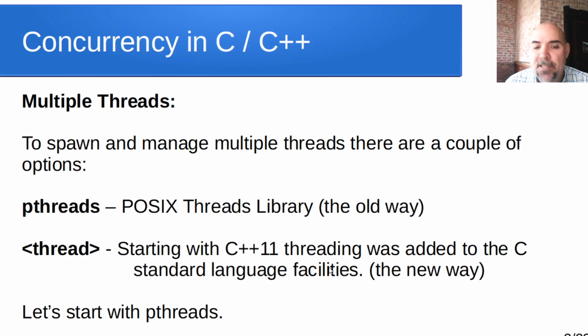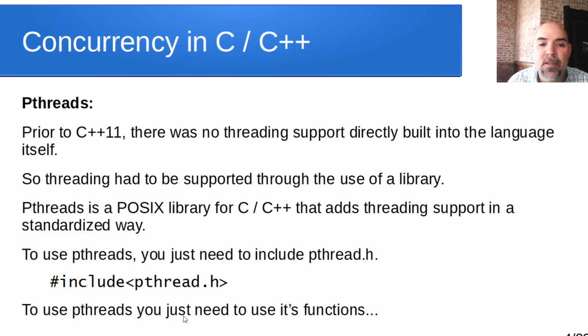Threading was added to the standard language facilities. In other words, they decided that threading is really an important part of programming. So rather than relying on a library to do all of that, let's build it into the language itself. But if you're using a compiler that does not support C++11 or C11, then we would have to resort to doing this the old way. So let's start with looking at it the old way.